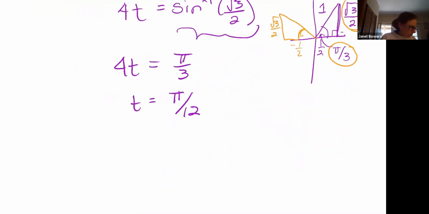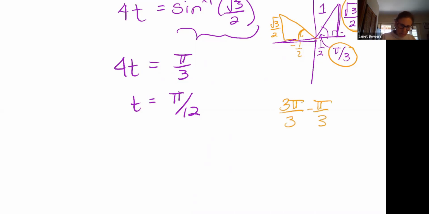Now, on the other side, we have this angle here, which is 3 pi over 3 minus pi over 3, which is equal to 2 pi over 3.